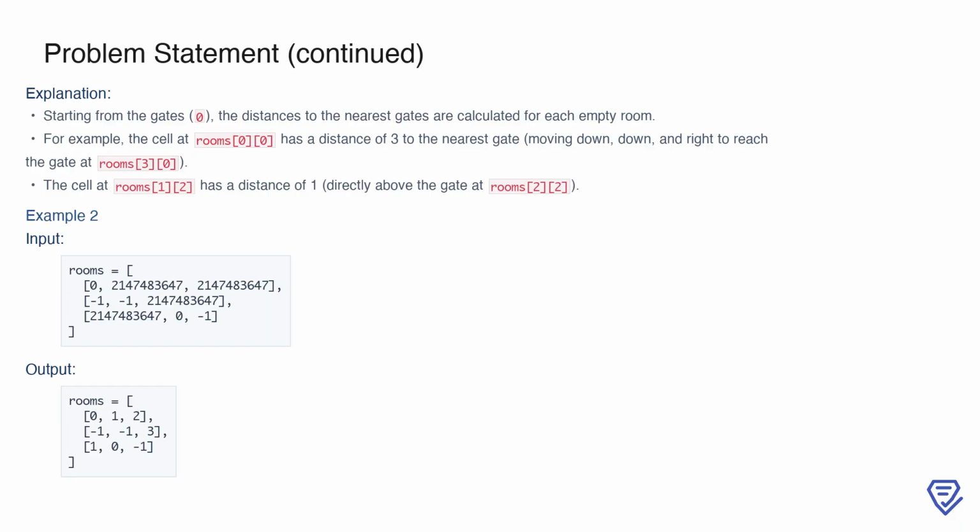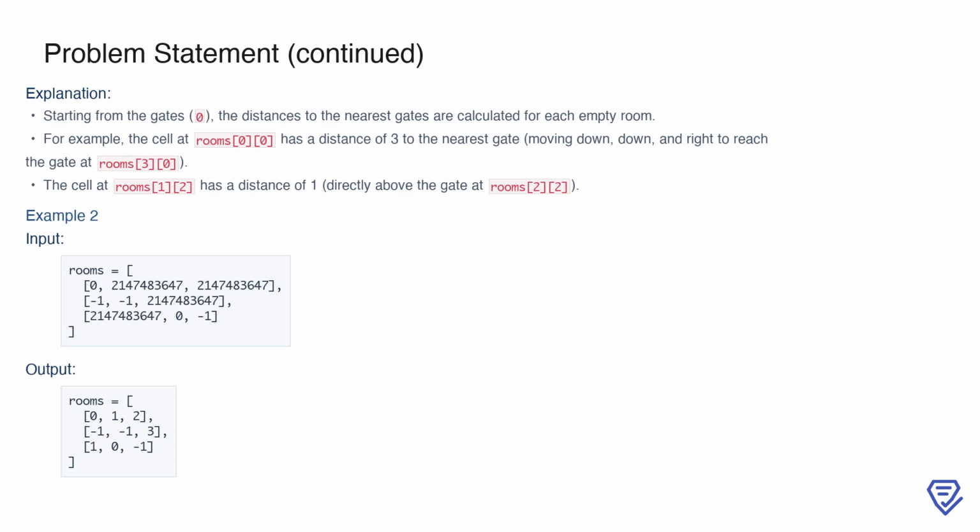Starting from the gates, which are the cells with the value 0, we calculate the distance to the nearest gate for every empty room. For instance, the cell at position rooms[0][0] has a distance of 3. You can reach the cell by moving down twice and then right once to get to the gate at rooms[3][0]. Similarly, the cell at rooms[1][2] has a distance of 1 because it is directly above the gate at rooms[2][2].